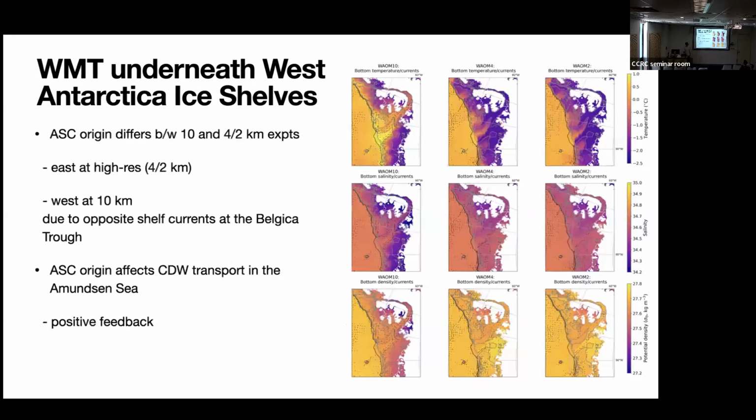And you try to understand why that happens. In the Bellingshausen Sea, it's still not very clear what drives it, but they definitely have differences. Here I'm showing the bottom currents, bottom temperature, bottom salinity, and bottom density. What you see is that the continental shelf currents have different directions in these troughs.